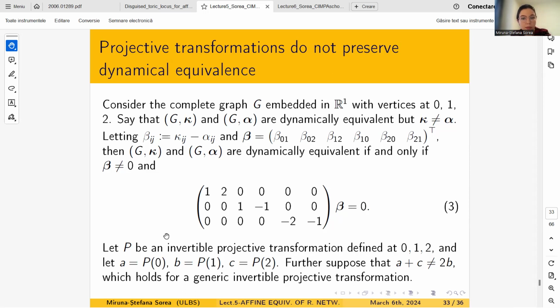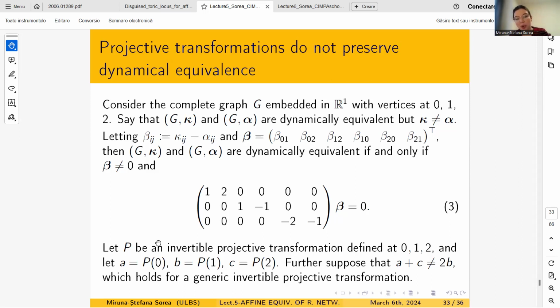Again, let's consider an invertible projective transformation defined at these points 0, 1, 2, and just denote by A, B, and C the images of the vertices 0, 1, 2 by this projective transformation.